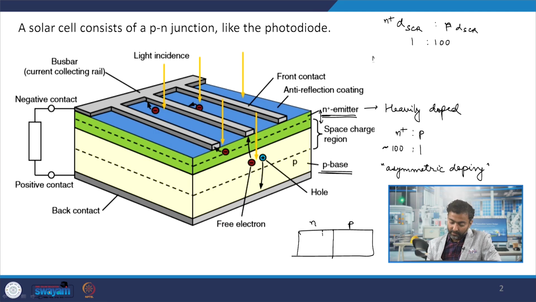So what will happen is that the excess electrons from the n side will diffuse to the p side, because on the p side you have excess holes, or basically those are the vacancies of electrons, and on the n side you have excess electrons. So these excess electrons from the n side go to the vacancies or the holes on the p side, in such a manner that within the space charge region all the charges are neutralized. So there are no free charge carriers in the space charge region, and as a result of that there is an electric field which emerges here.